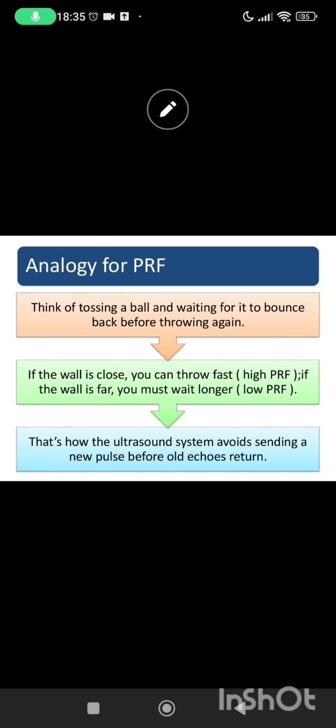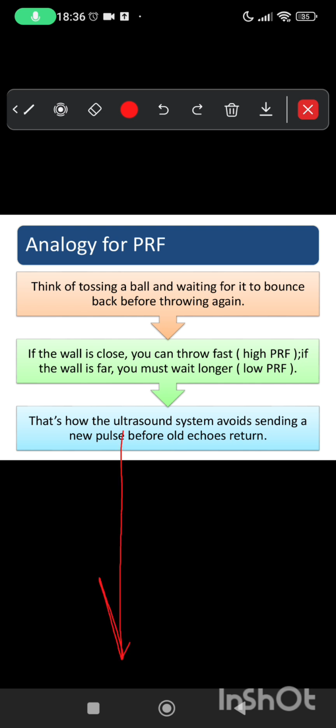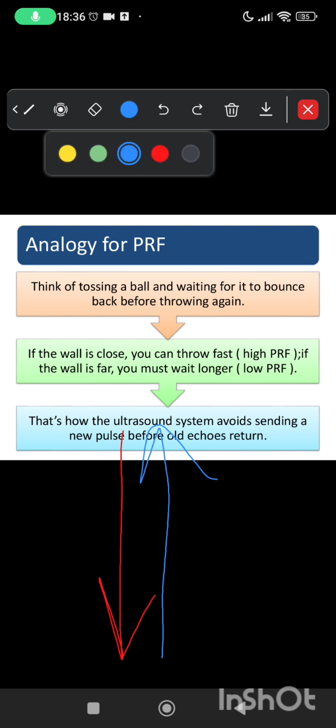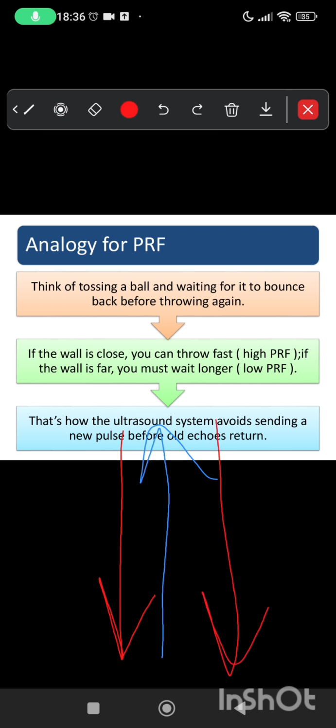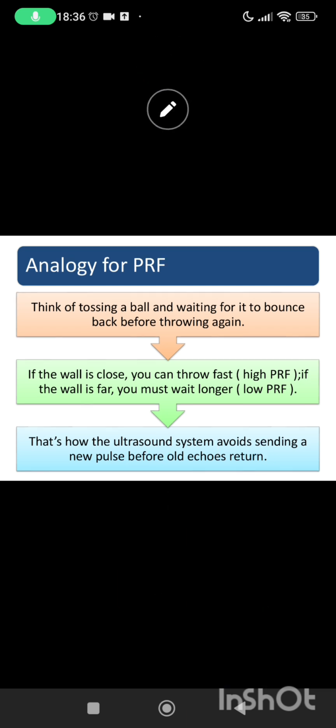So if depth is less, PRF is high. If depth is more, PRF is less. That's how the ultrasound system avoids sending a new pulse before old echoes return. First there is a transmission of a pulse, the system waits for echoes to come back, then it sends a new pulse and again waits for the echoes to come back. This happens in pulse Doppler ultrasound.